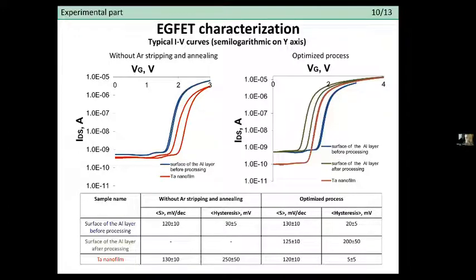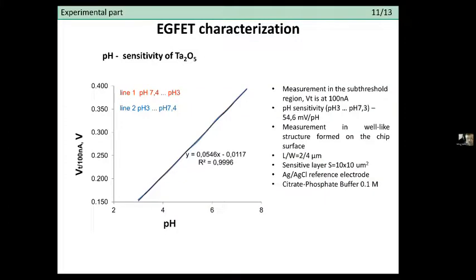So to demonstrate it, we have done a pH dependence curve. As the pH value of the gate electrolyte is changed, the current voltage curves of the device shift along the voltage axis.